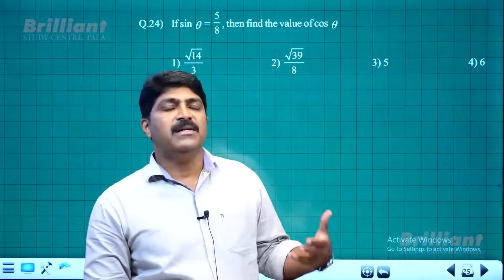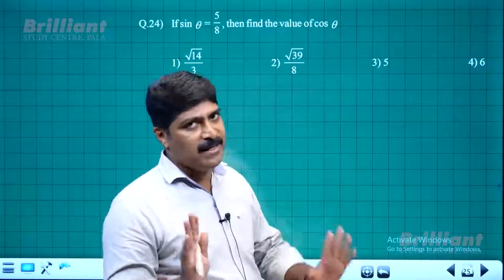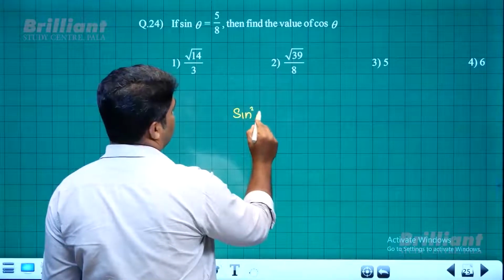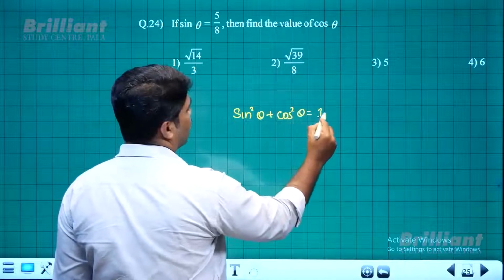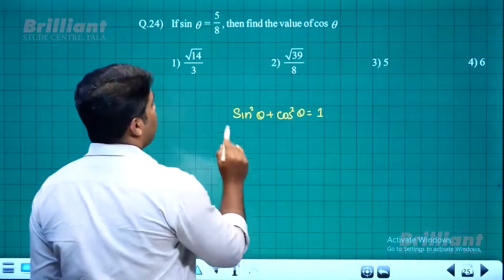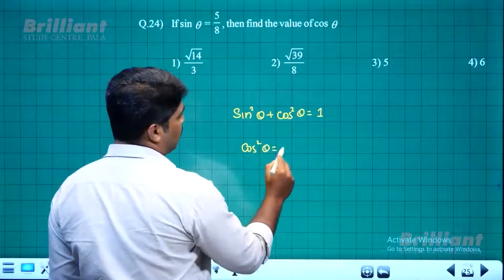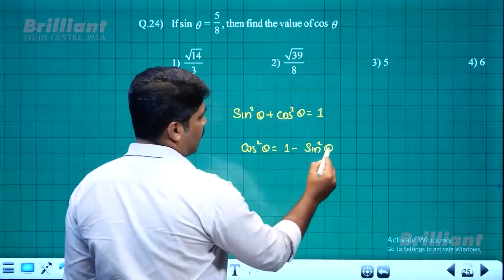If no such values exist, then you can apply the identity. We know the very common identity, sin square theta plus cos square theta equal to 1. Based on this identity, you can easily get cos square theta in terms of sin square theta. That is equal to 1 minus sin square theta.